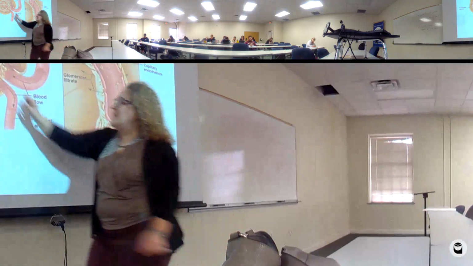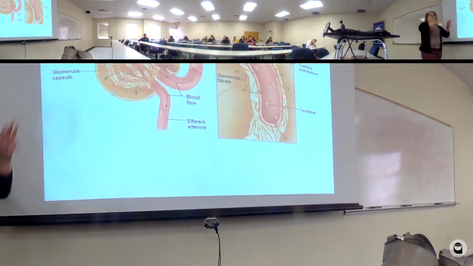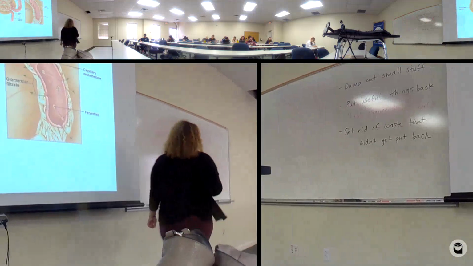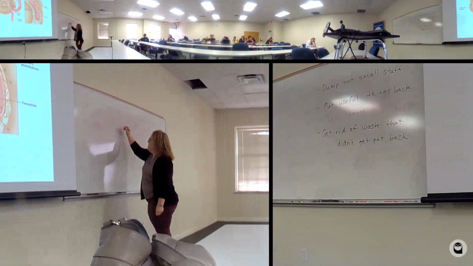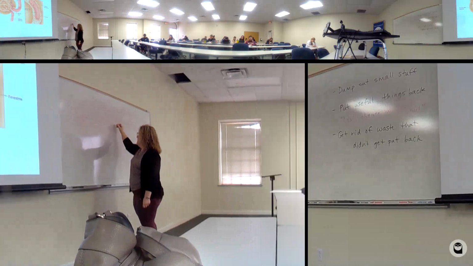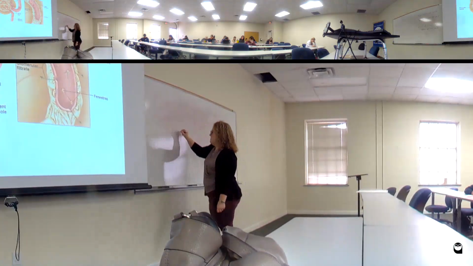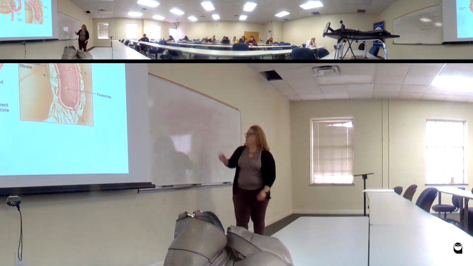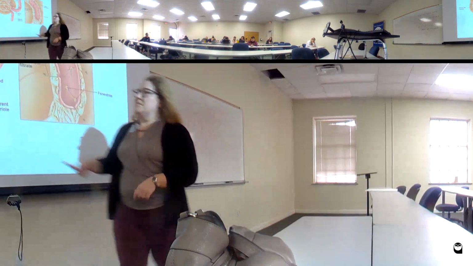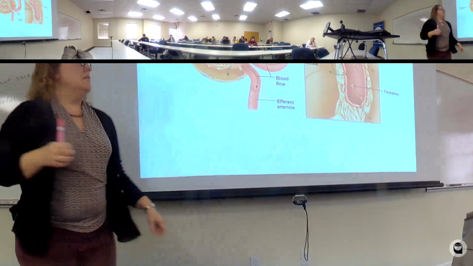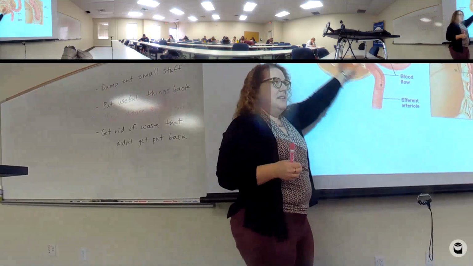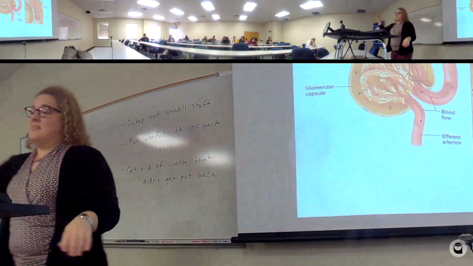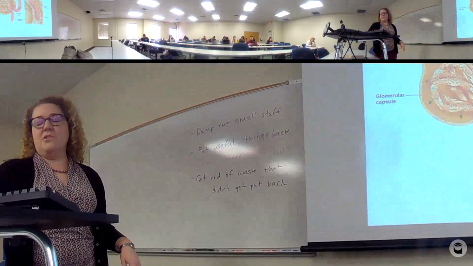And when the blood hits this capillary bed, a lot of stuff leaks out. We have blood coming in under pressure, like blood pressure. Like if you've ever used a soaker hose in a garden, you have a regular hose that connects to it, and then it hits the leaky region and you get stuff coming out. So this is the dumping out, the glomerular filtration.